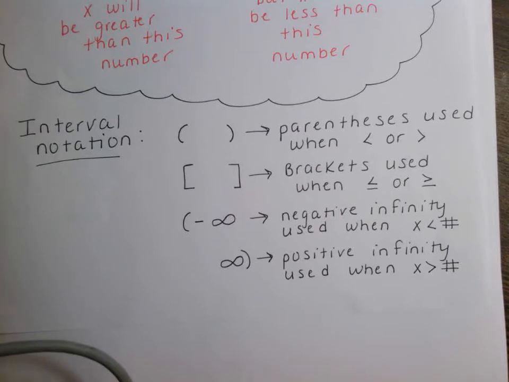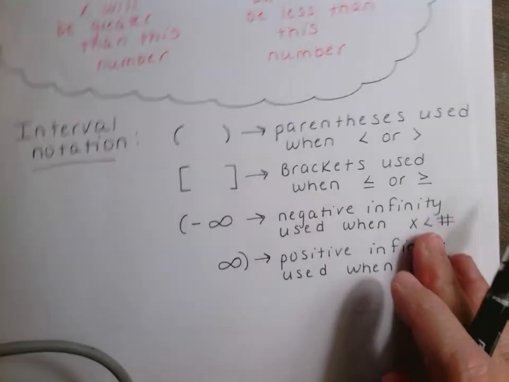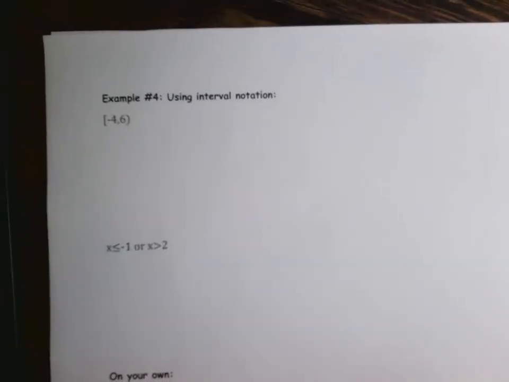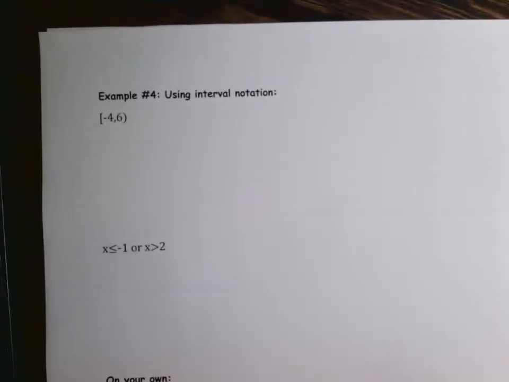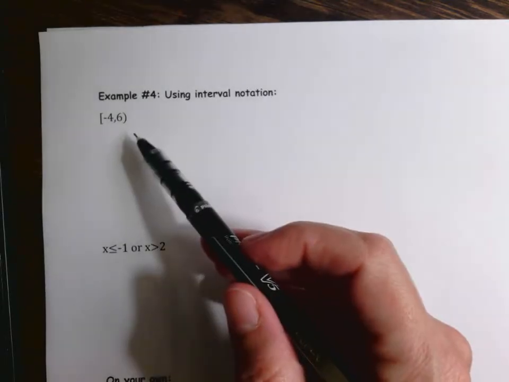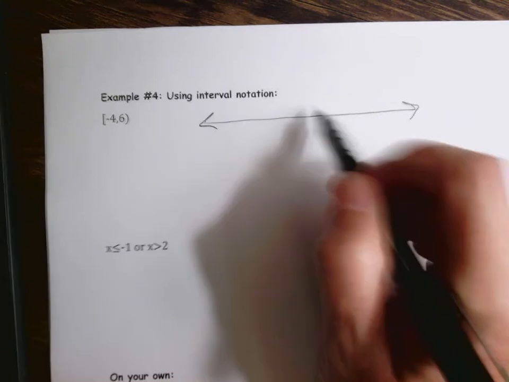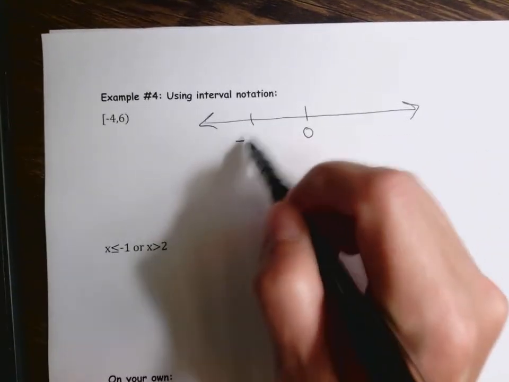Negative infinity is used when x is less than a number, and positive infinity is used when x is greater than a number. So what do I mean by all this? This is not as hard as you think, and actually it's very useful. This is a very concise way of communicating what would usually take a lot of room.